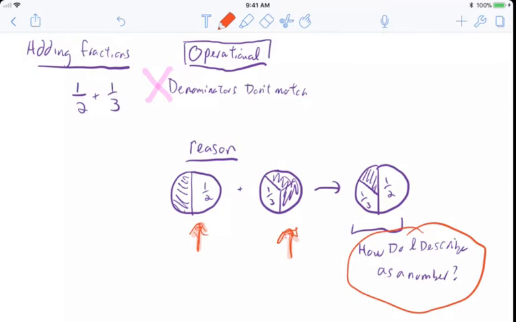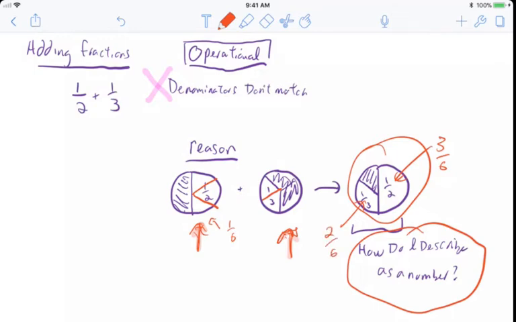So in this case, that involves cutting this one into 3 and this one into 2, and now each of these slices is the same size. So when you combine them in this box, instead of having a half and a third, there are 3. So you'd call this one 3 6s, and this one 2 6s, and you'd be able to add.